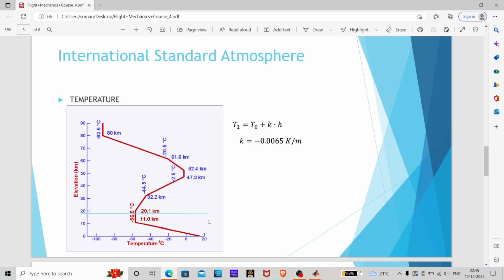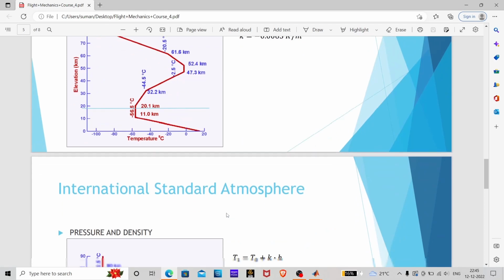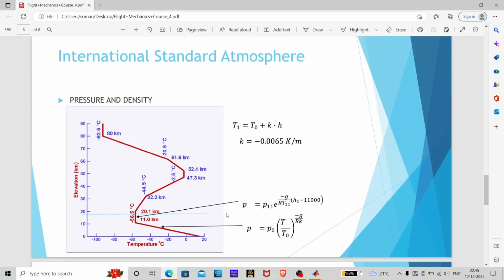This is the temperature model until 11 kilometers, and it's going to be constant from 11 to 18 kilometers.